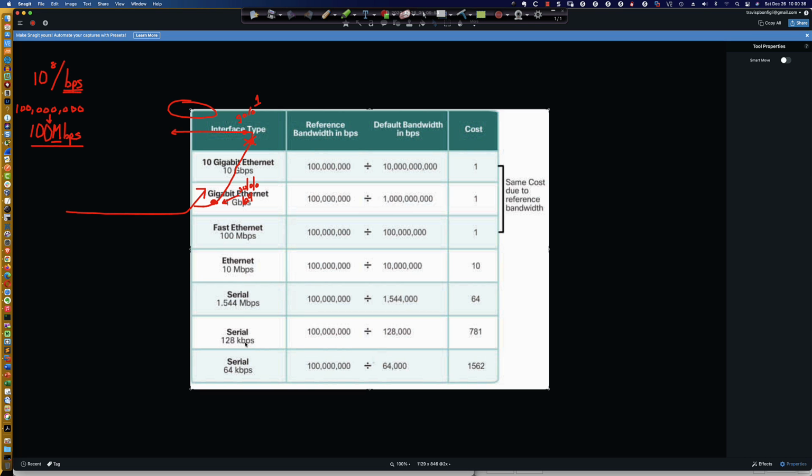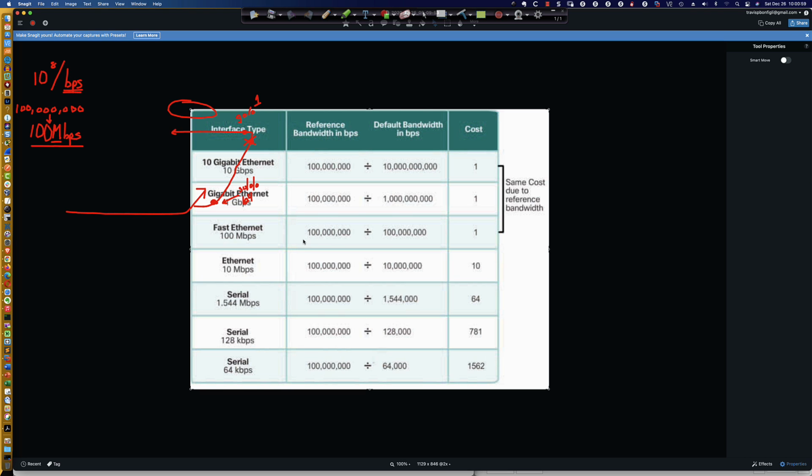Here's a fractional 128 kilobits per second, cost of 781. Here's 64 kilobits per second, cost of 1562, which we're getting ready to see here shortly. But we need to understand the problem with the default auto cost reference bandwidth of 100 megabits per second.